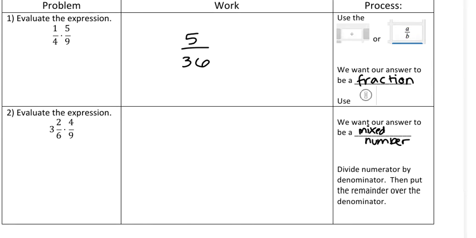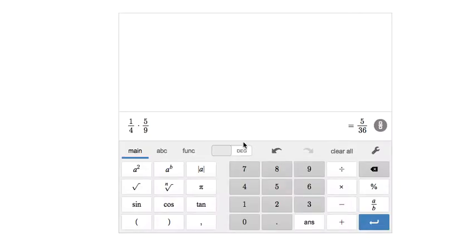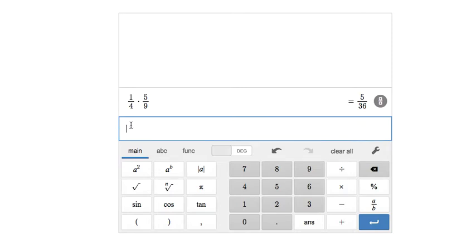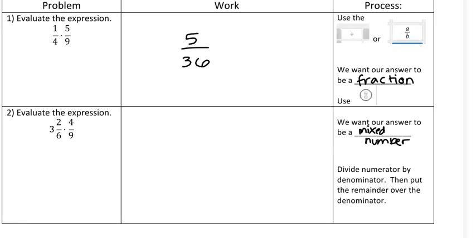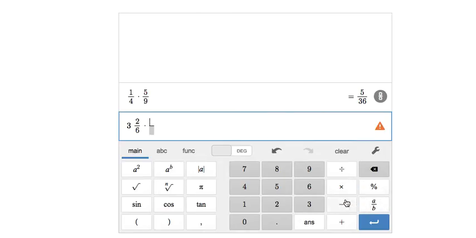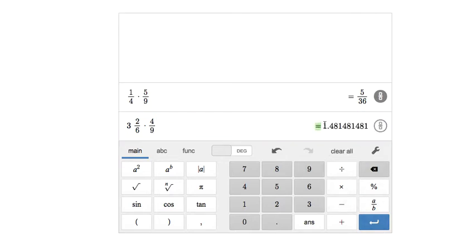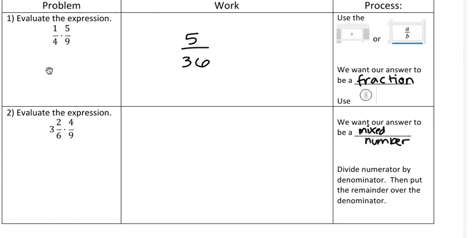So 3 2/6, 3, and then we need a space, 2/6, times 4 ninths. Okay, again we get a decimal, so I'm making it a fraction. 40/27. But we want it to be a mixed number.